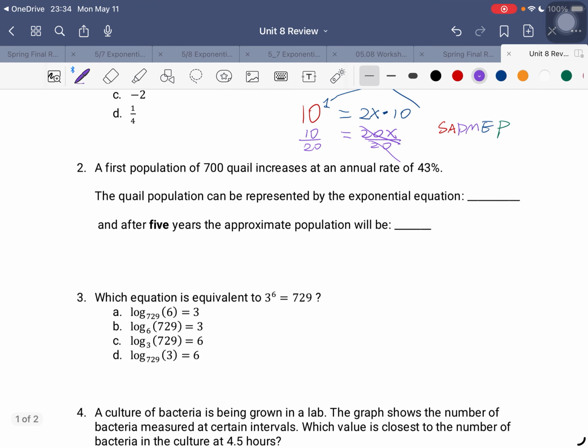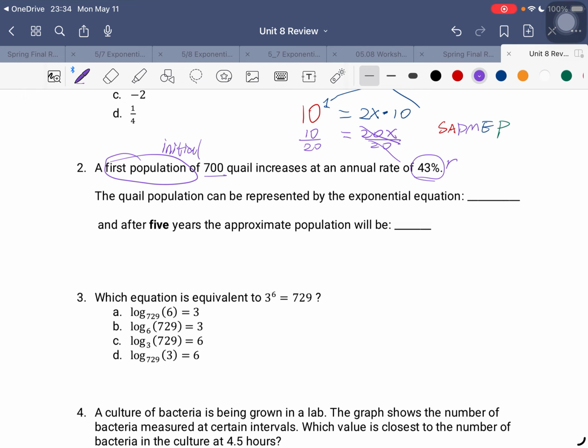Question 2. First population. Okay, first population is the initial of 700. Increase at an annual rate of 43%. This is the rate. So this is not an interest rate function.